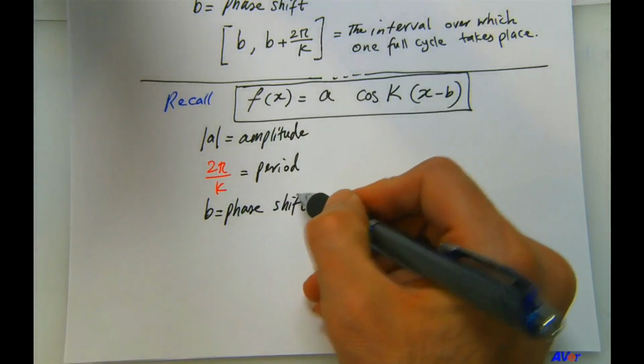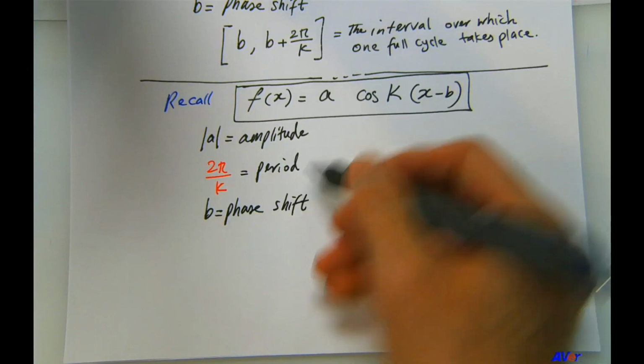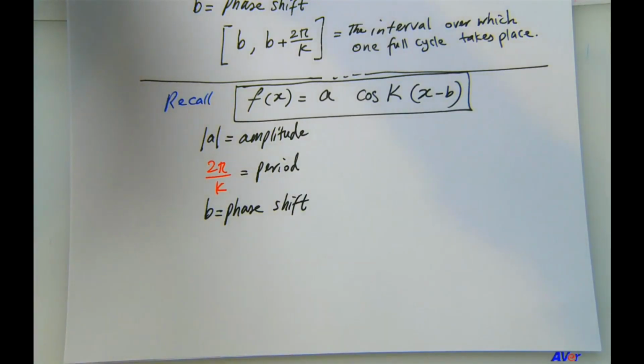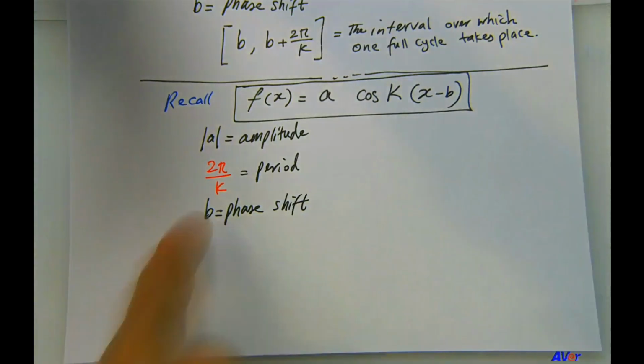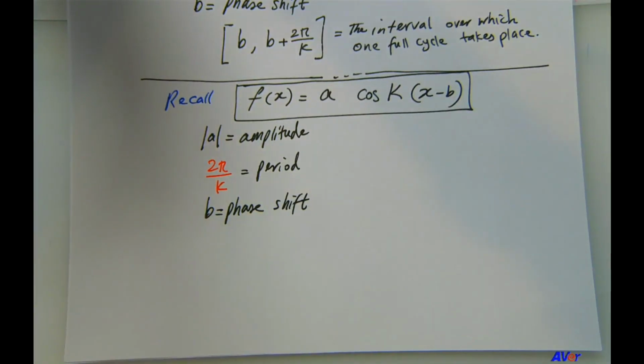Because if there is no phase shift, the wave is going to start at x equals 0, right? So this b is telling us whether, horizontally, to the left or to the right, the beginning of the sine function or cosine function has moved. If there's no phase shift, then the function is going to start at x equals 0.